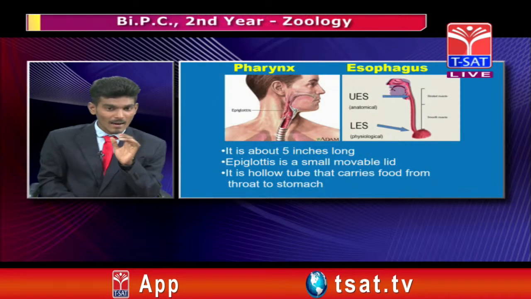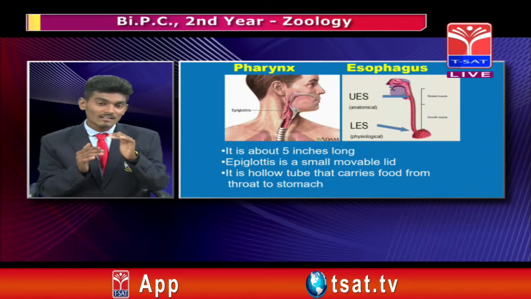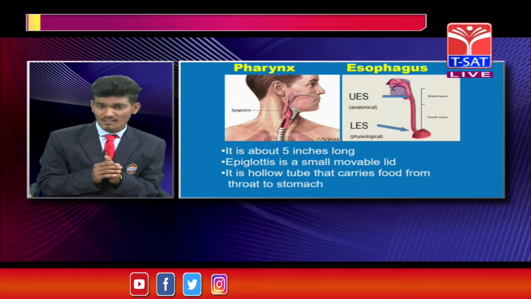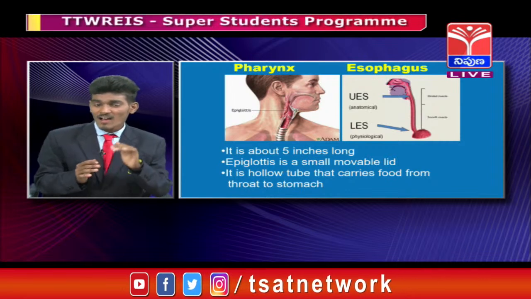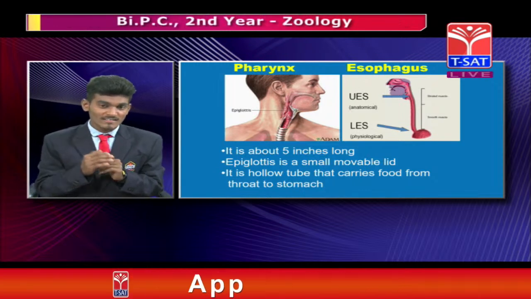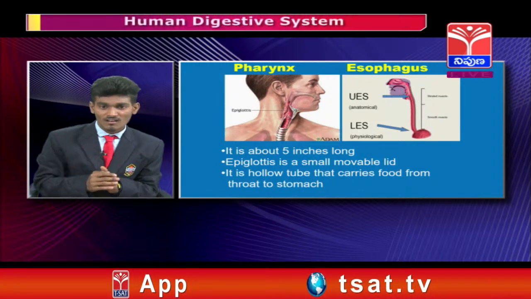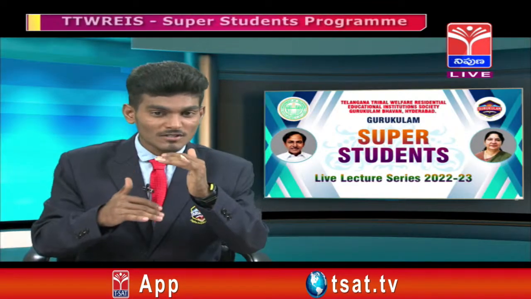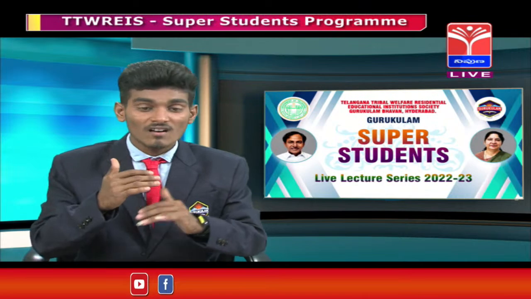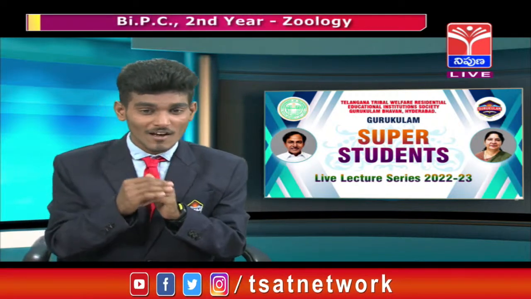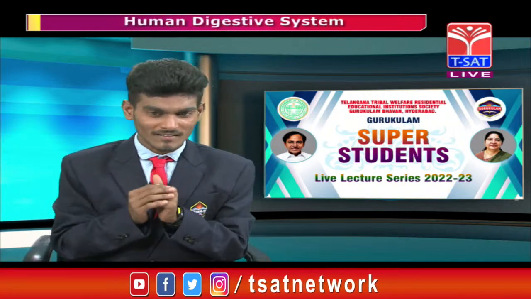The esophagus appears as a thick, tube-like structure, and the length of the esophagus is 25 centimeters. When the masticated food comes into the esophagus, the wave-like movement is known as peristalsis.